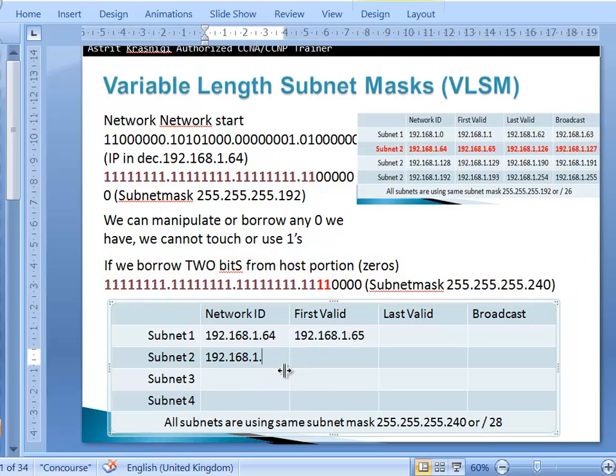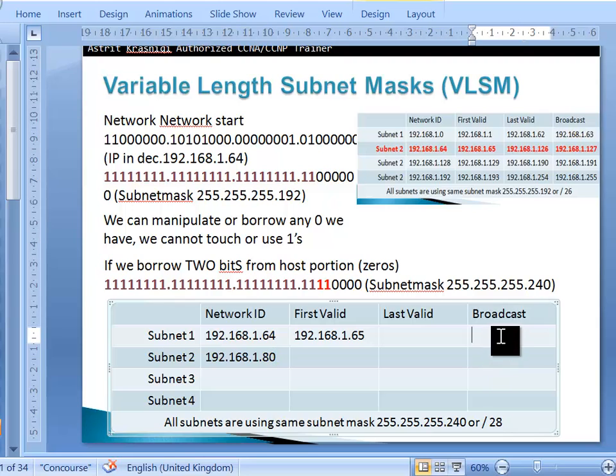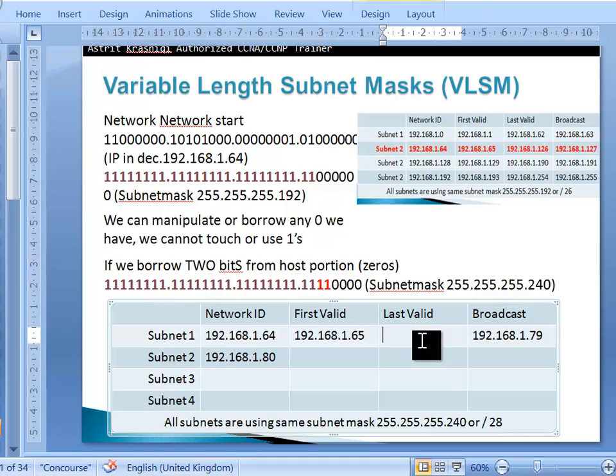So we add 16 to 64, which is 80. So the broadcast of subnet 1 is the network ID of subnet 2 minus 1, which is 192.168.1.79. The last valid address is the broadcast minus 1, so 192.168.1.78, from 65 to 78.